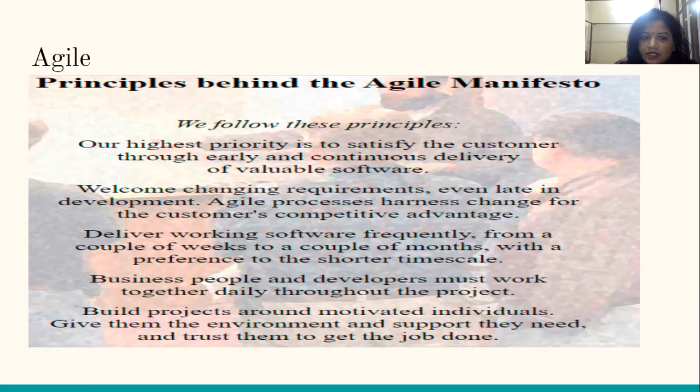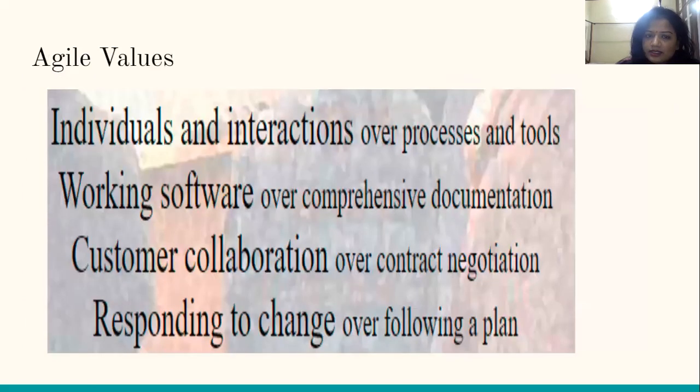I have put on a few of the principles. These are the values of agile: it focuses on individuals and interactions rather than on the process or the tool, like in waterfall, where a strict process must be followed.